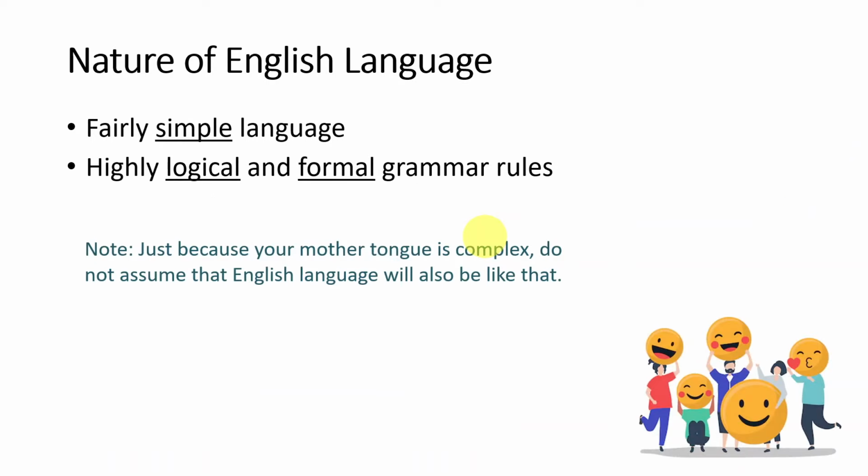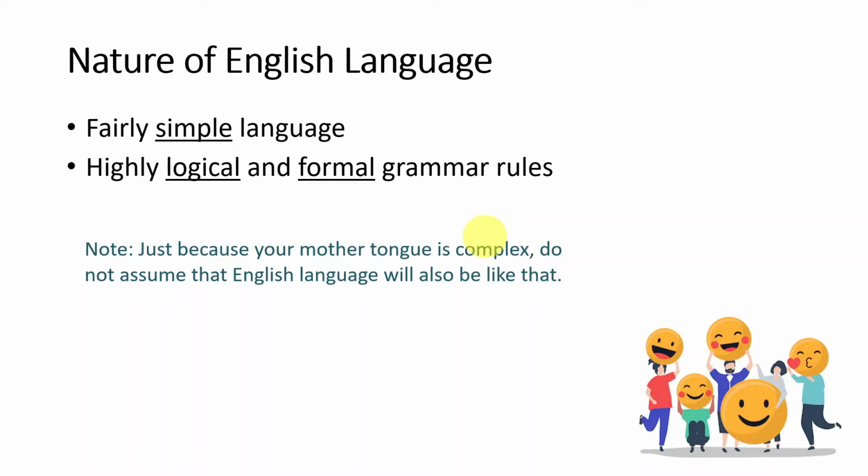So as we already mentioned, first of all, we want to understand the nature of the language before starting to study it. So English is an extremely simple language compared to most of the other languages. You can think about your own native language or your mother tongue. Compare it with the English language. Think about the alphabet. Think about the words. Think about the grammar rules.